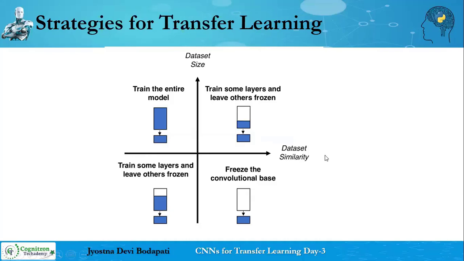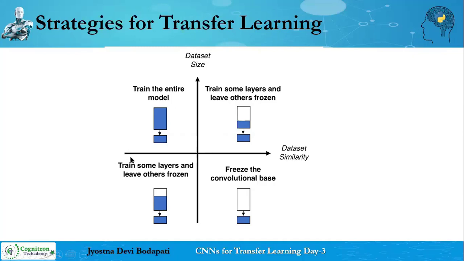So that's on the x-axis. And on the y-axis, what is the dataset size? If your dataset size is very small, then you are on the lower end. If your dataset size is very big, then you are on the top end. And considering all these alternatives, I have divided it into 4 spaces. If we are here, it means my dataset similarity is very low.